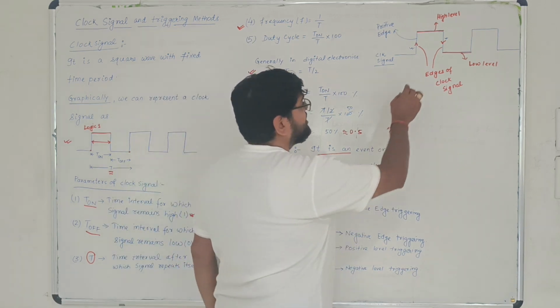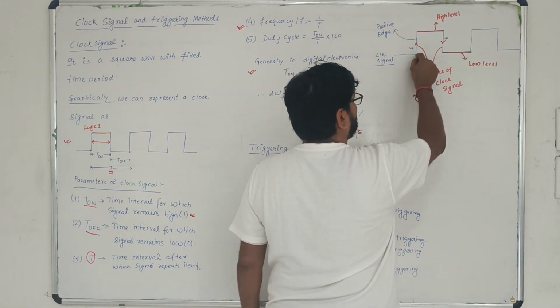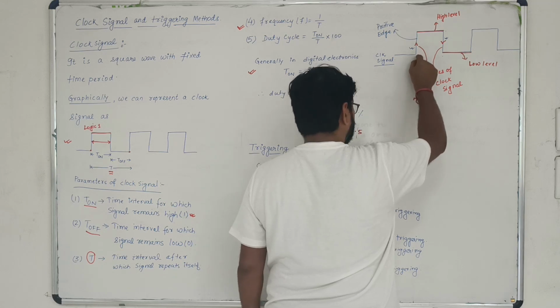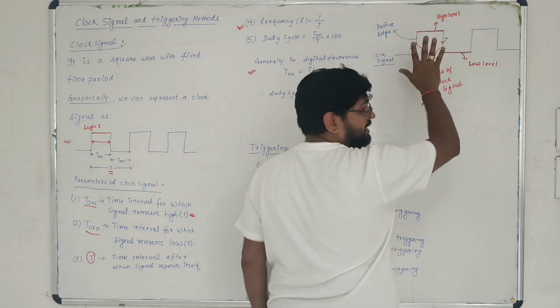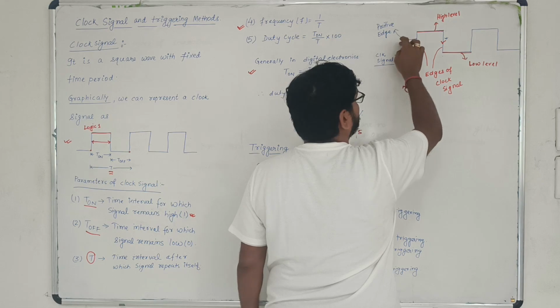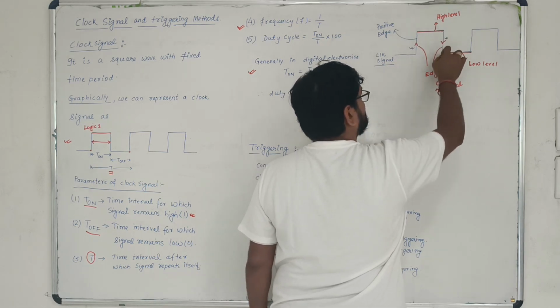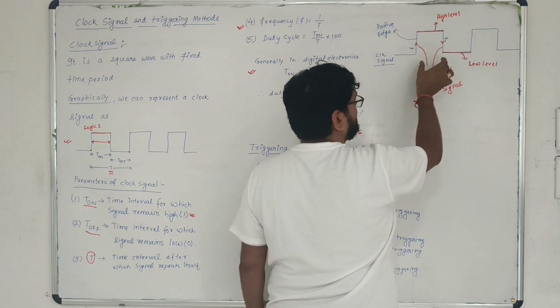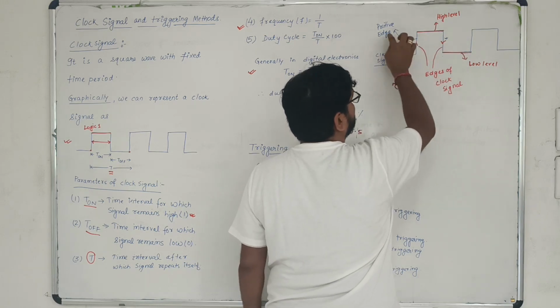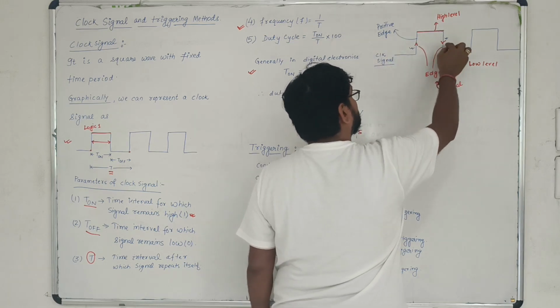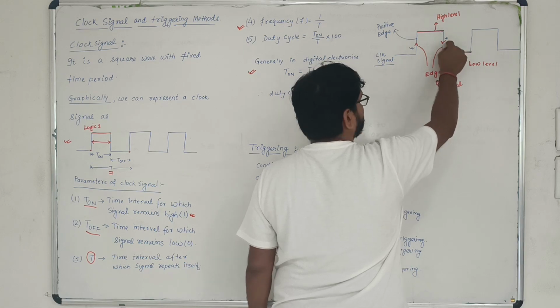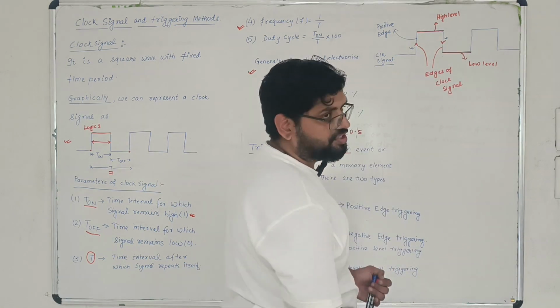What are edges? When the clock signal goes from low level to high level directly, that is called positive edge. When the clock signal drops from 1 to 0, that is called negative edge. Any device which operates at positive edge is known as positive edge triggered. Any memory element that operates at negative edge is called negative edge triggered.